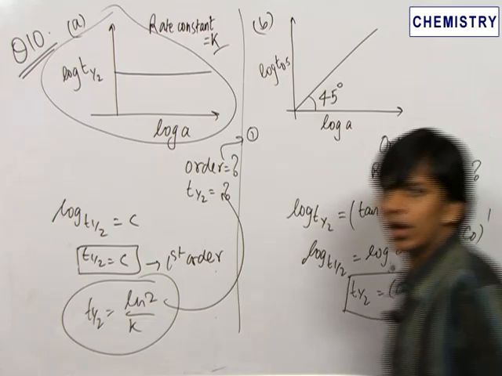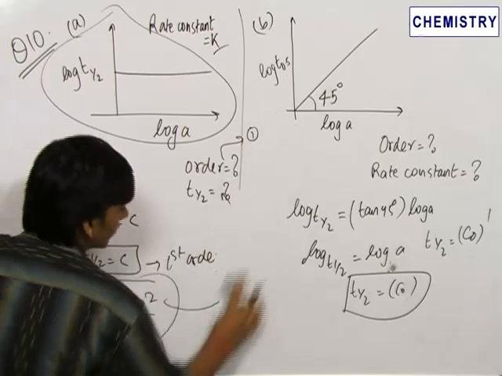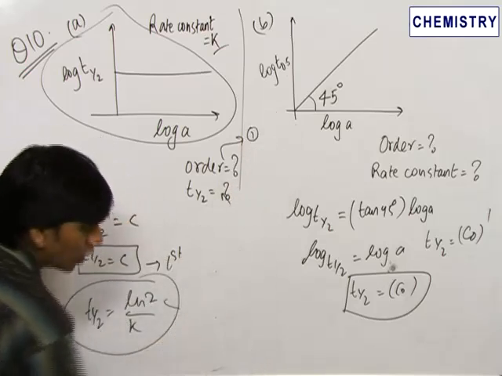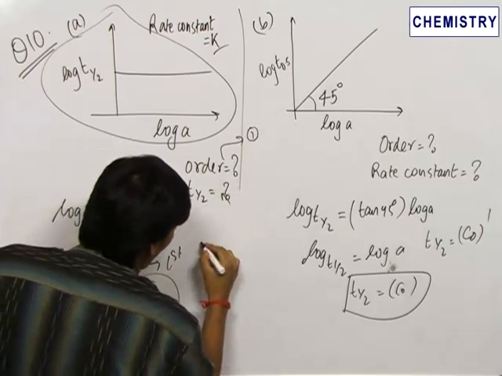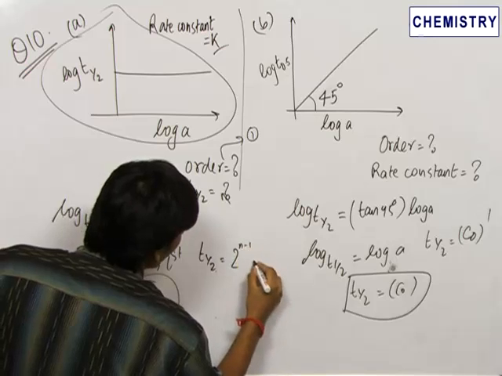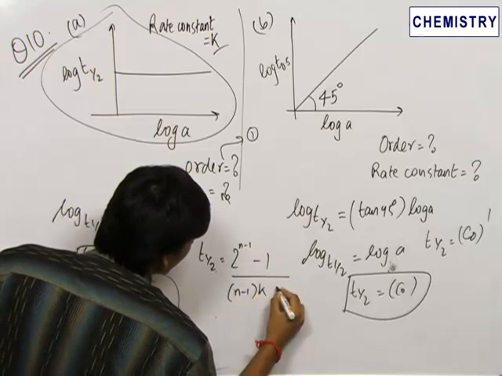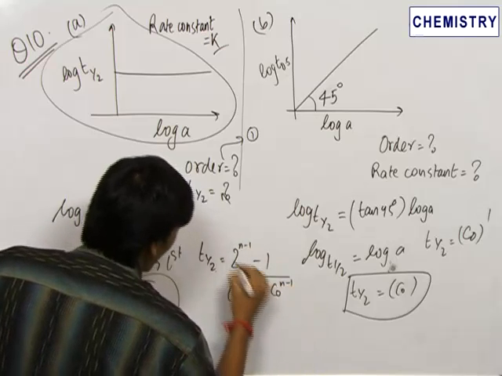Now, you should also always remember this formula of T half in terms of initial concentration. T half is equal to (2 raised to the power n minus 1, minus 1) upon (n minus 1) K times C naught raised to the power 1 minus n.